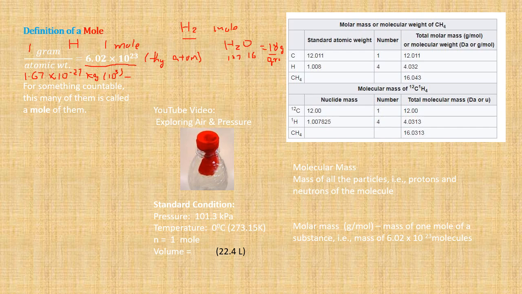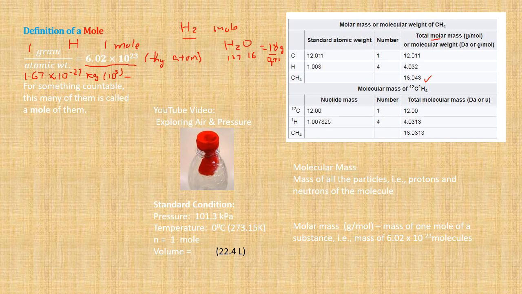Therefore, the molecular mass of methane is carbon 12 and H4, and you have 16. So 4 of this plus 12, you get 16. That's the molecular mass, or molar mass.